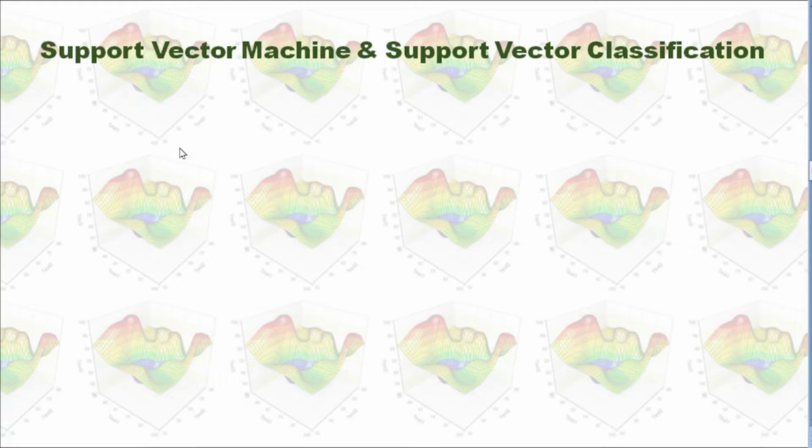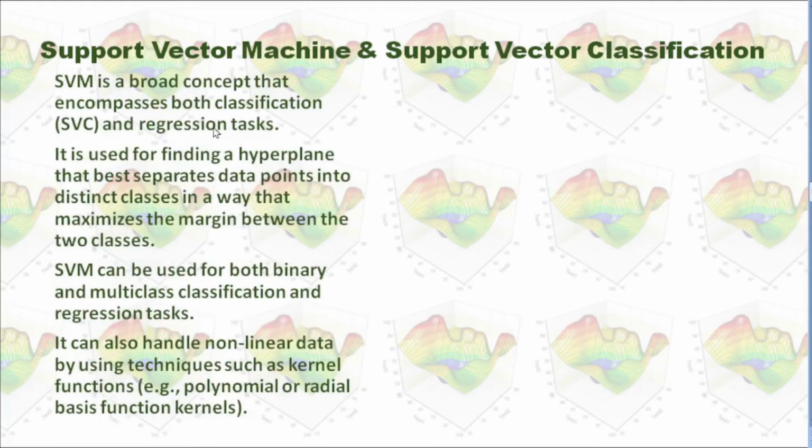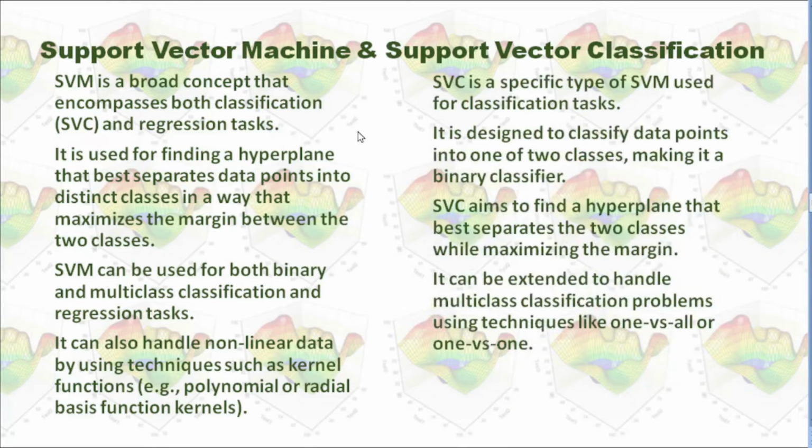The second model I'm using is support vector machine. SVM is a broad concept that encompasses both classification and regression tasks. SVC is a specific type of SVM used for classification tasks.